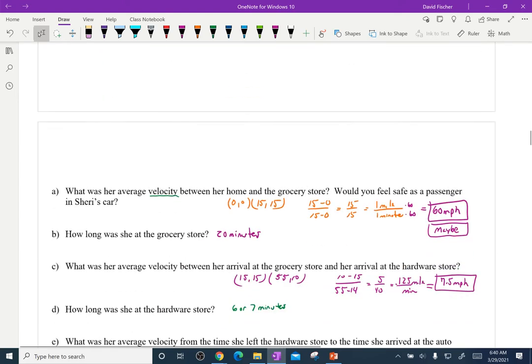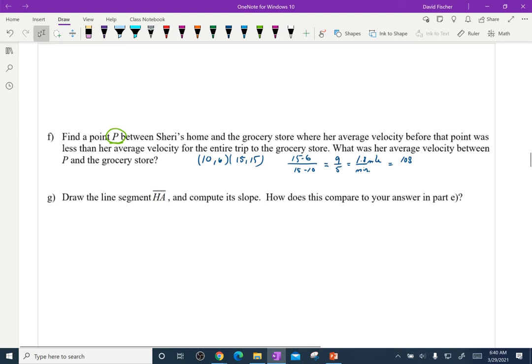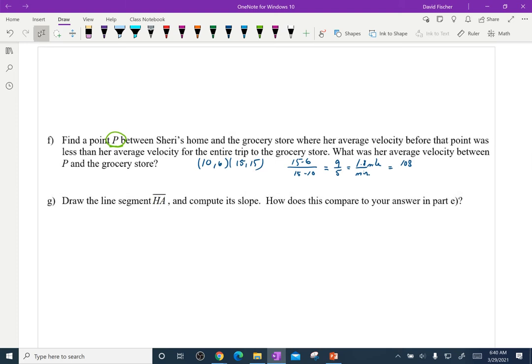I like it. So 15 take away 6 is 9, and 15 take away 10 is 5. 9 divided by 5, I'm still getting 1.8, times 60. 108 miles per hour in that little segment there.